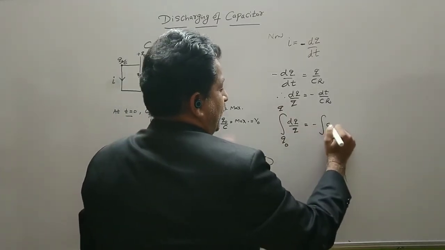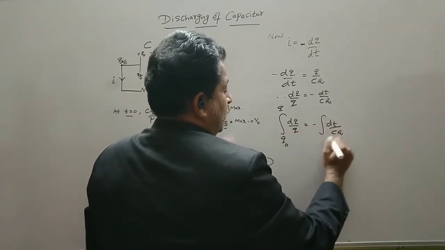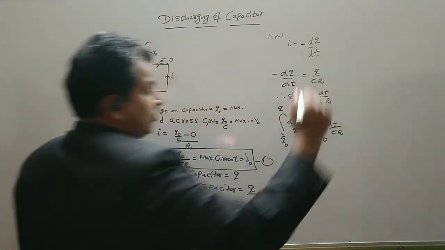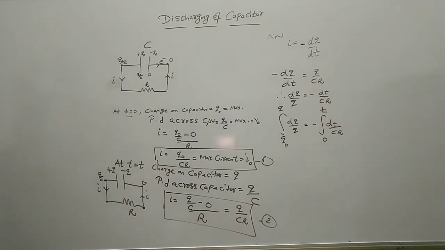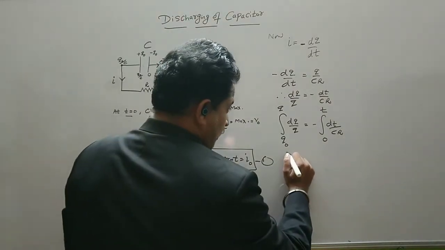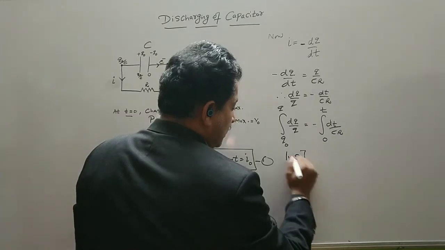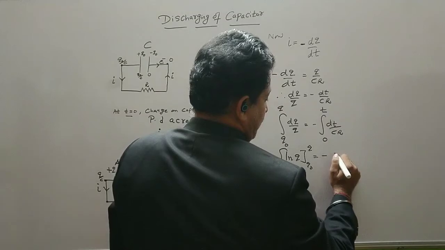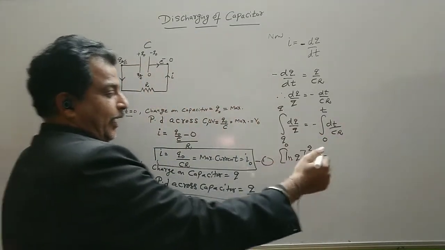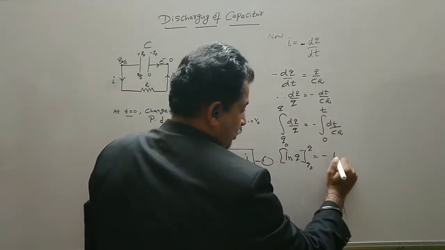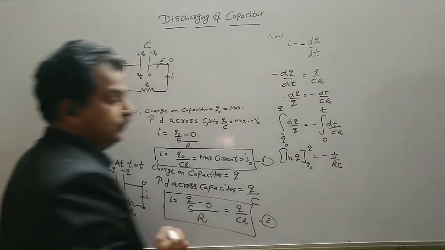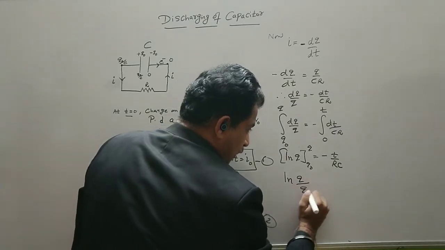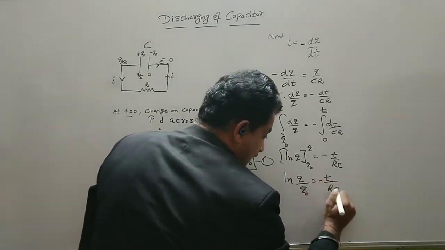This is equal to minus dt upon CR, with limit 0 to any instant t. So again, the integration: ln q, limit q naught to q, is equal to minus, I directly write this step, dt is t minus 0, so t upon RC. This can be written as ln q upon q naught is equal to minus t upon RC.